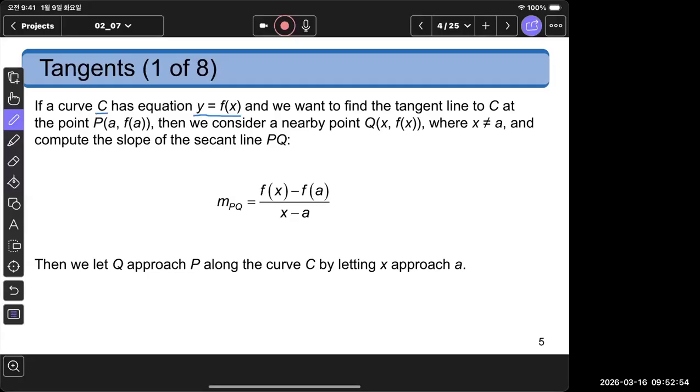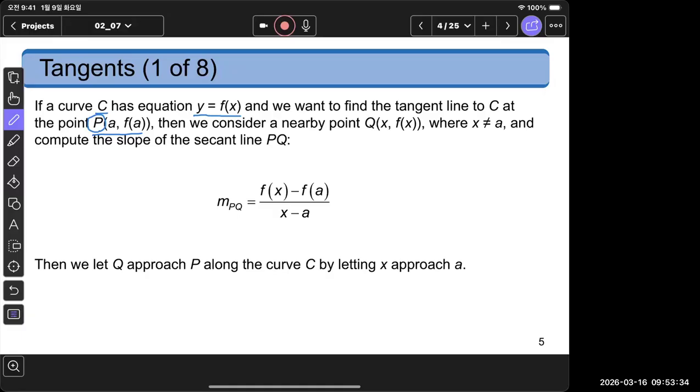So C is the curve representing the graph of y equals f of x, and we want to find the tangent line to C at some point, say at A. At A, the function has the value f of A, and this A and f of A define one point on the curve C. Then we want to consider a nearby point at say x.